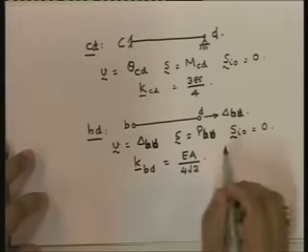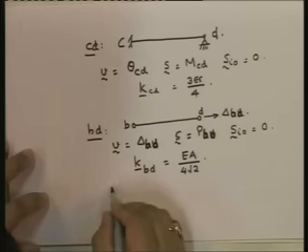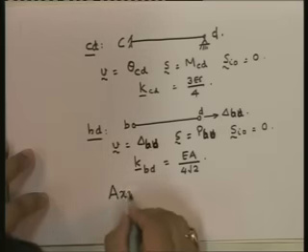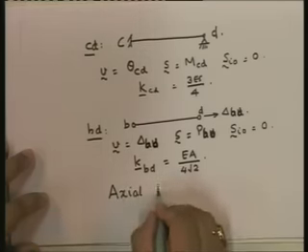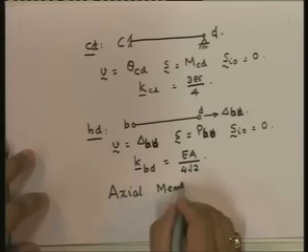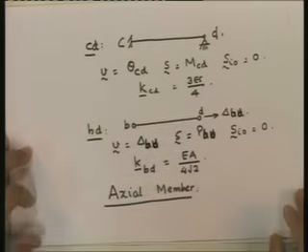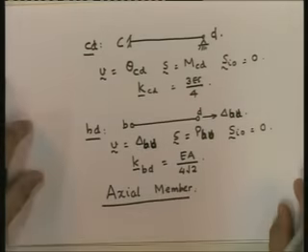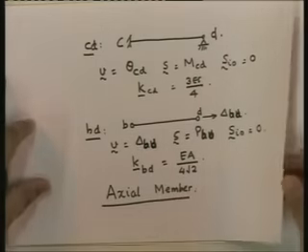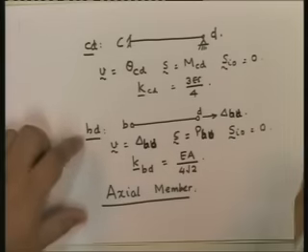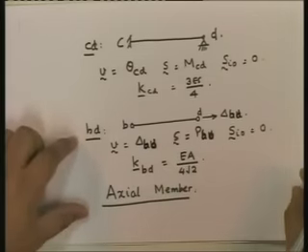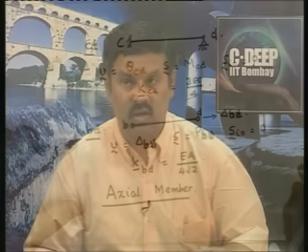Okay. So this is an axial member. Okay? In fact, let me just point out, this is something that we had not discussed and I'm introducing today. But the concept is the same.